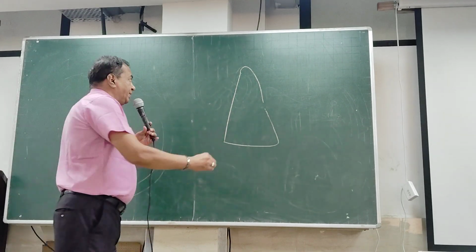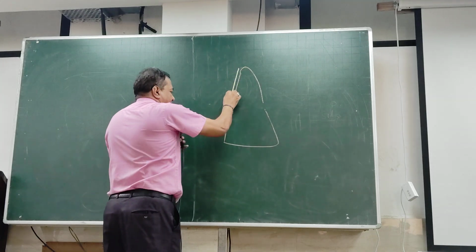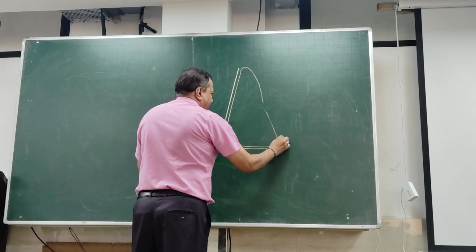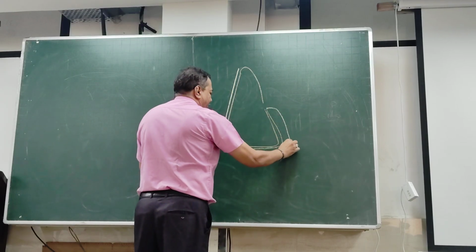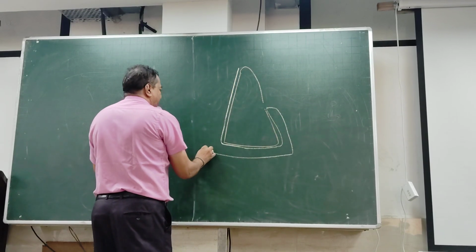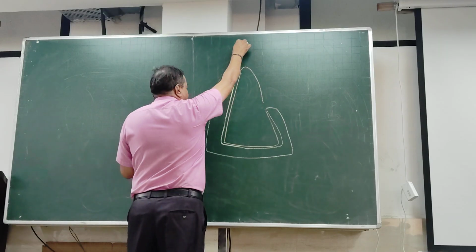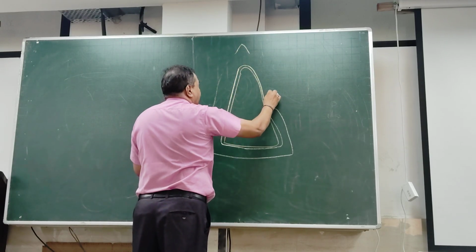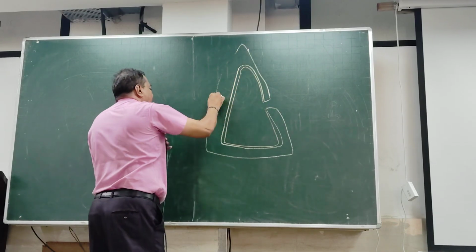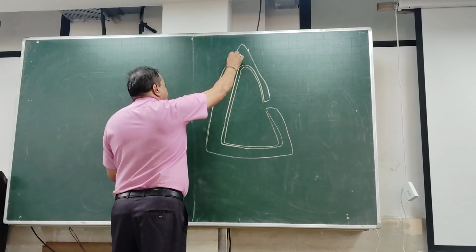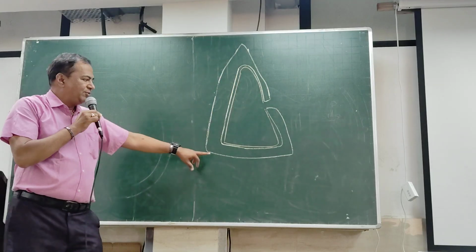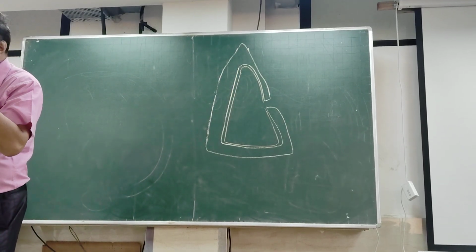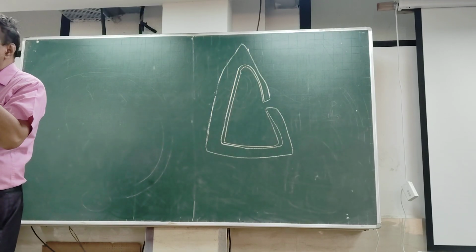The pleura which is attached to the lung is the visceral pleura, and the pleura which is attached to the body wall, to the diaphragm, thoracic wall, is the parietal pleura. Parietal pleura is divided into four parts.